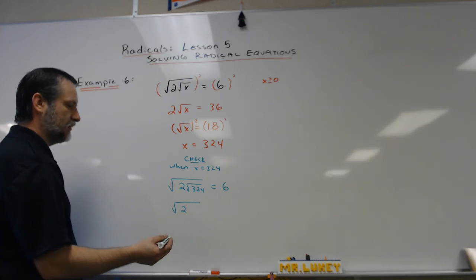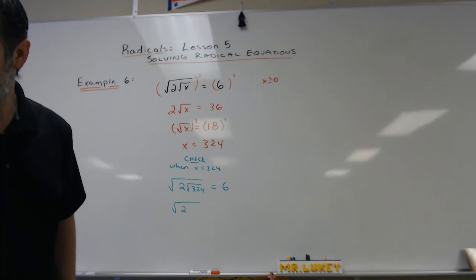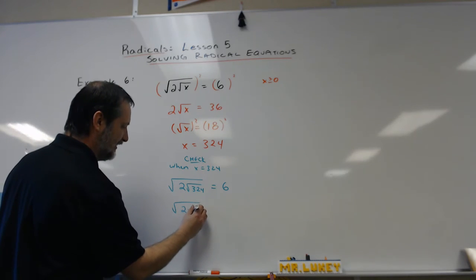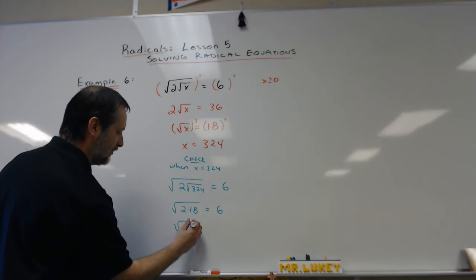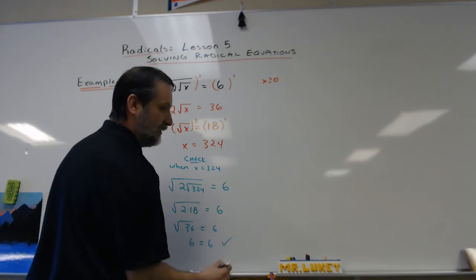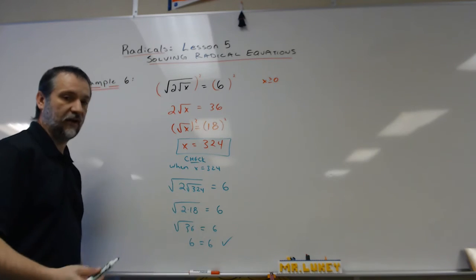I keep doing this all crazy. Oh, my brain hurts. 18. So 2 times 18 should equal 36, so that's the square root of 36 equals 6. So yes, that is my final correct answer.